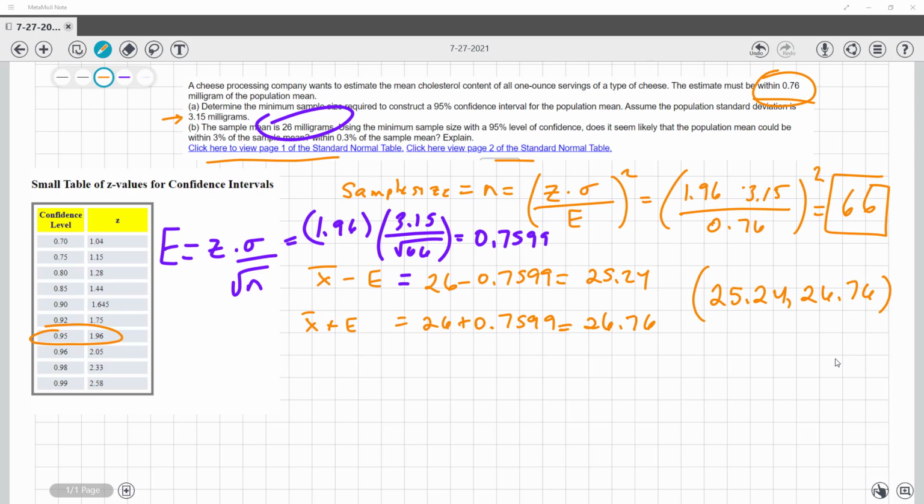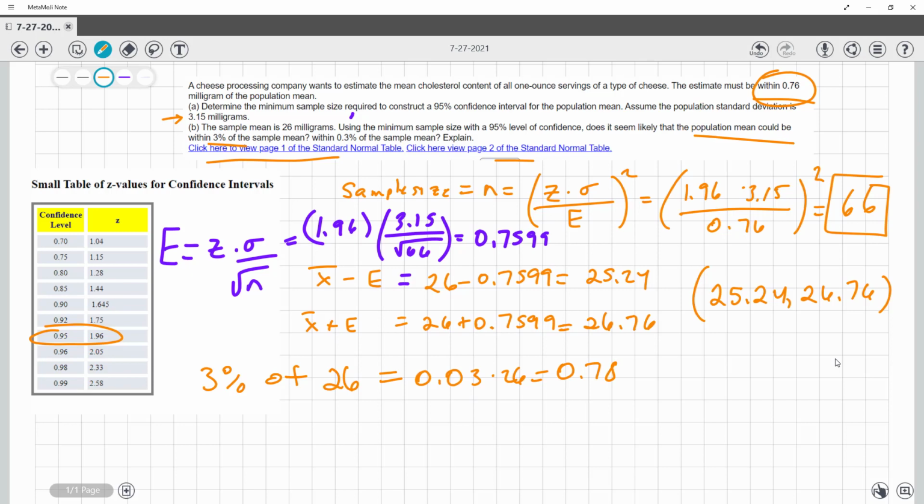Now this last part here, they ask, does it seem likely the population mean could be within 3% of the sample mean? So what we want to figure out is what is 3% of our sample mean, which was 26, meaning 0.03 times 26, and we get 0.78.